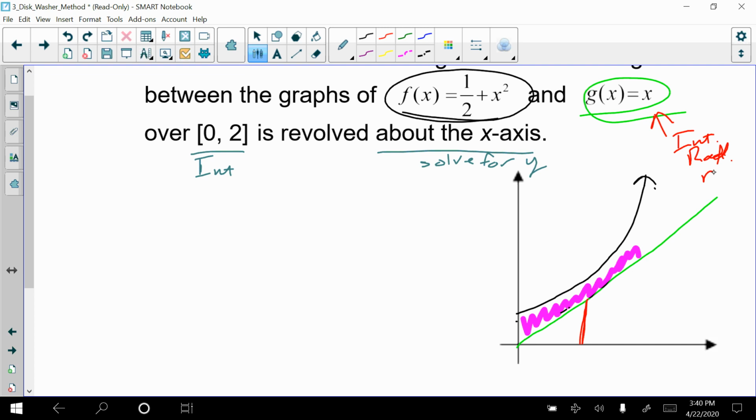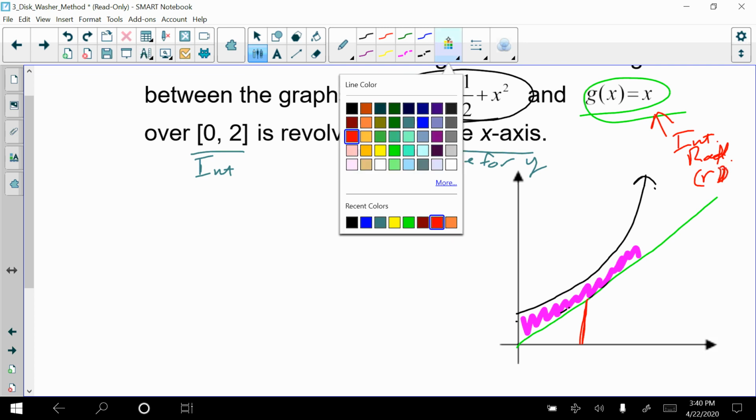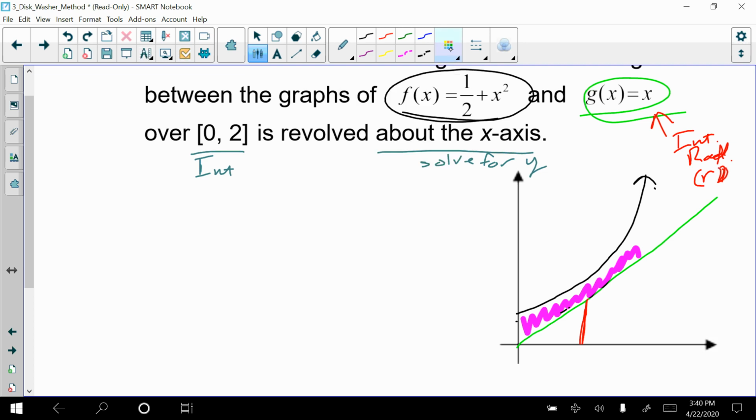the small r, and the exterior radius, let's do that one in yellow. The exterior radius, because we're revolving it around the x-axis, is going to be the quadratic.